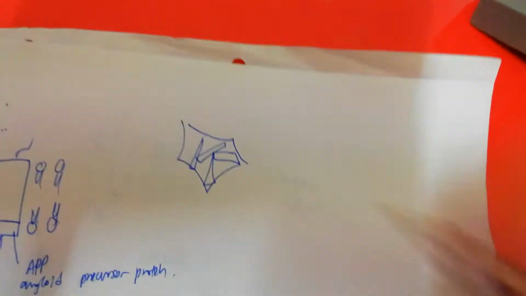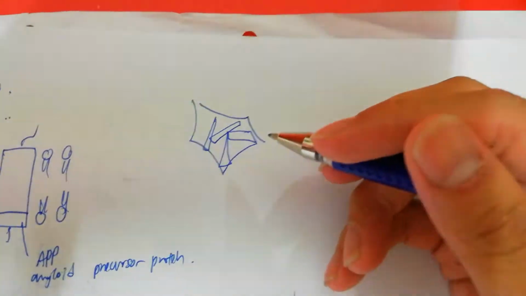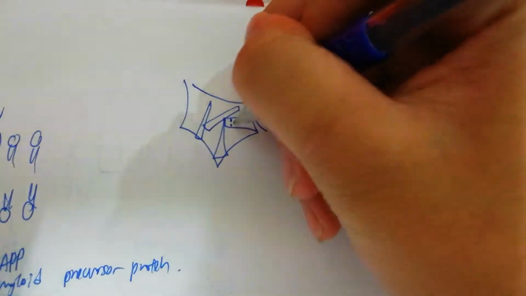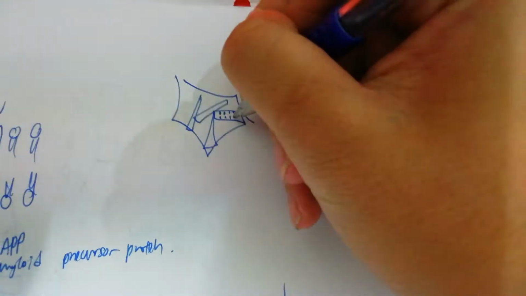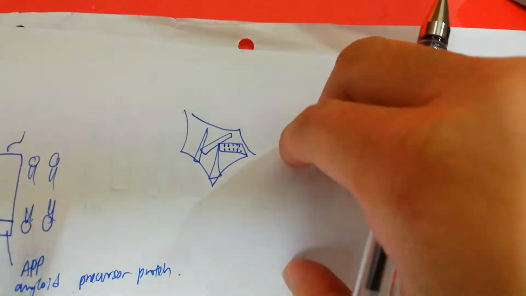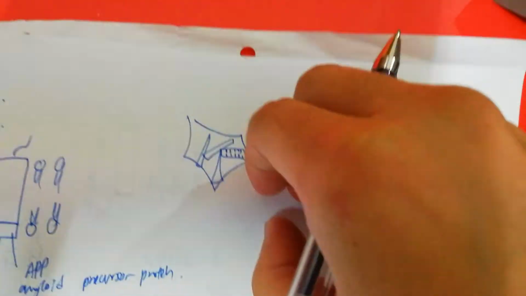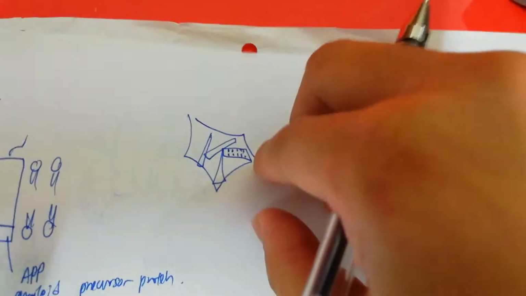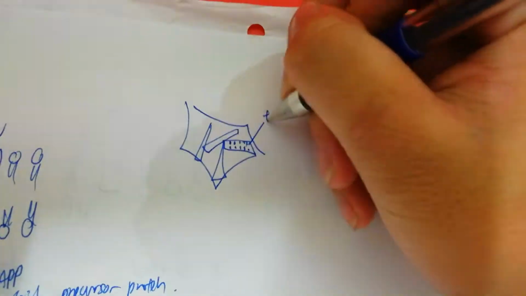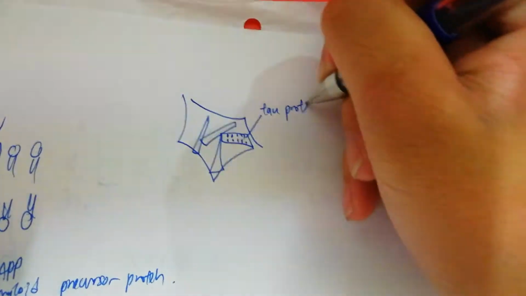Inside these microtubules, we actually have a protein, again a protein. It is called the tau protein. The function of this tau protein is to bind to the microtubule and make sure that it is firm enough to support the structure of the cell, in this case the neuronal cell. So this is the tau protein.